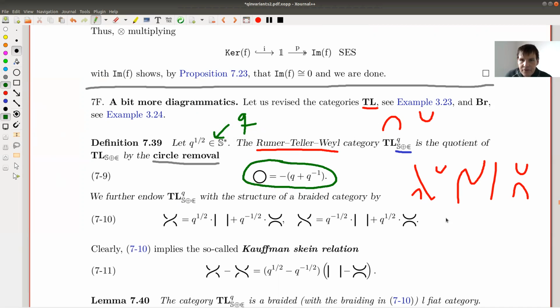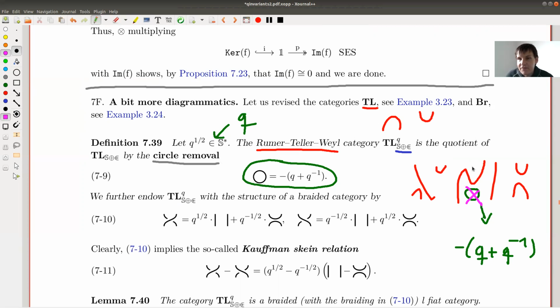Whenever you see a circle in the diagram, you can pull it out and you add a factor like this in front of the diagram. Remember that we can scale diagrams. This is a legal element in our ground ring because we assume Q is in our ground ring. So whenever you see a circle, you remove it from the diagram and you pull it out as a scalar.